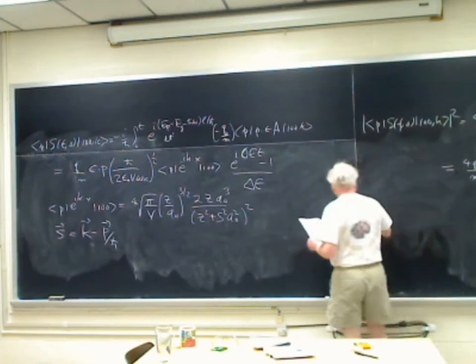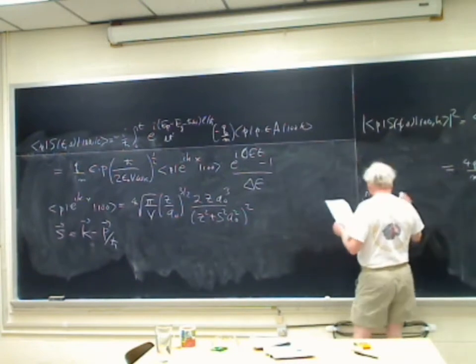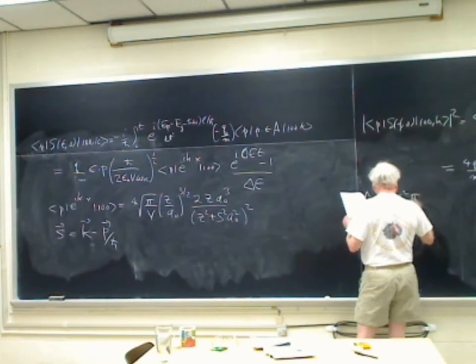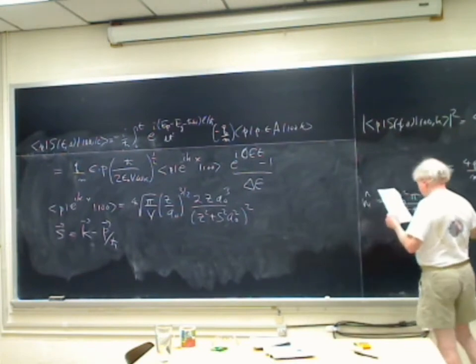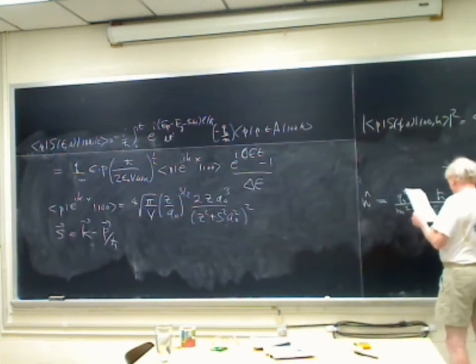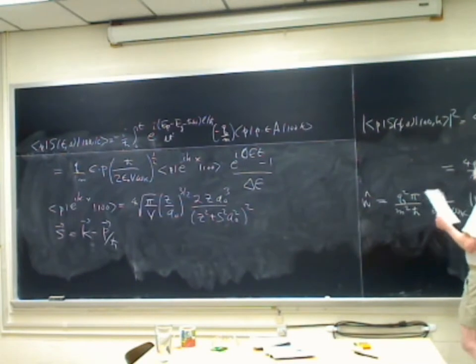And altogether, when we put these things together, we get that the rate, apart from final states, is q squared pi over m squared, h bar over epsilon 0 V omega_k, p dot epsilon of k squared, 16 pi over V, (Z over a0) cubed, 4 Z squared a0 to the 6th over (Z squared plus s squared a0 squared) to the 4th.